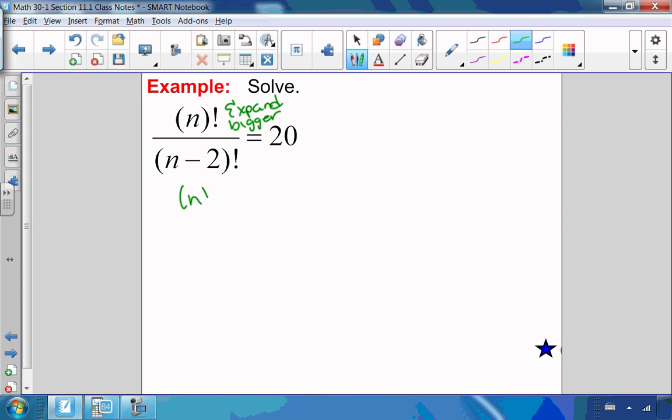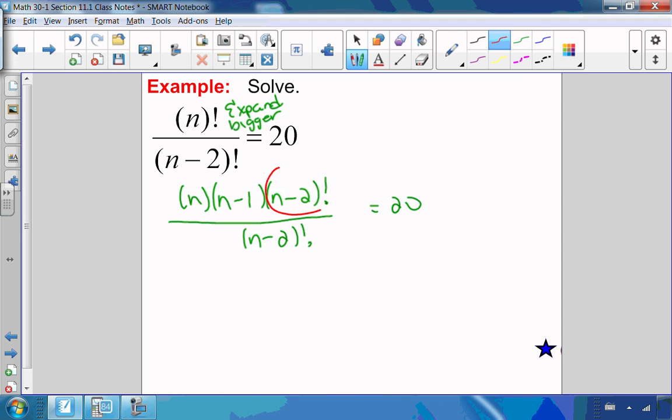I start with n, and then I go 1 less, and then 1 less, and I can stop because now I see in the denominator I have a match. Equals 20. n minus 2 factorial over n minus 2 factorial divides to be 1. So I'm left with n times n minus 1 equals 20.